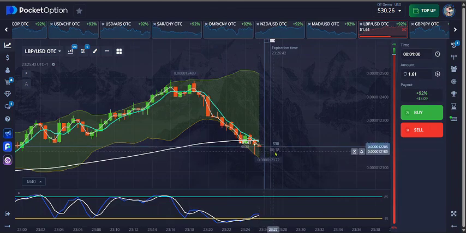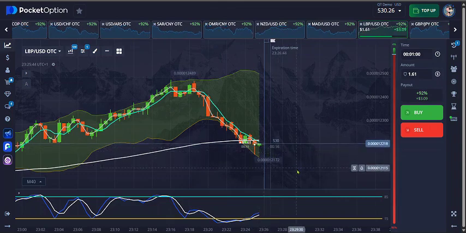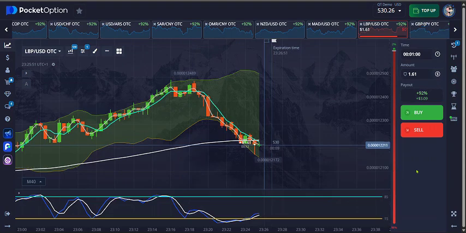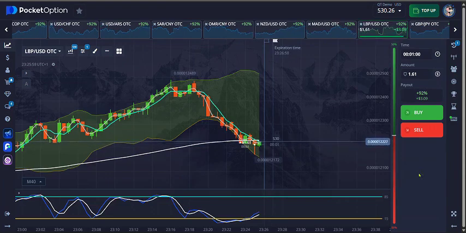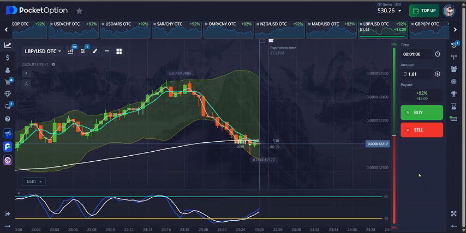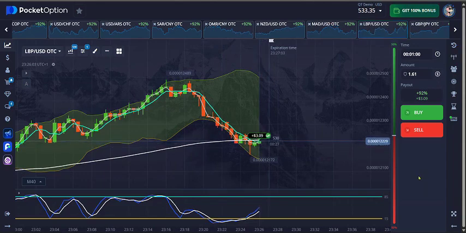So this is a risky trade, but I still took it. Let's see if we'll come out in profit. If we lose this trade, we still have our trade manager to help us, because we have a total of 8 trades to take. All right, and that is a win for us.